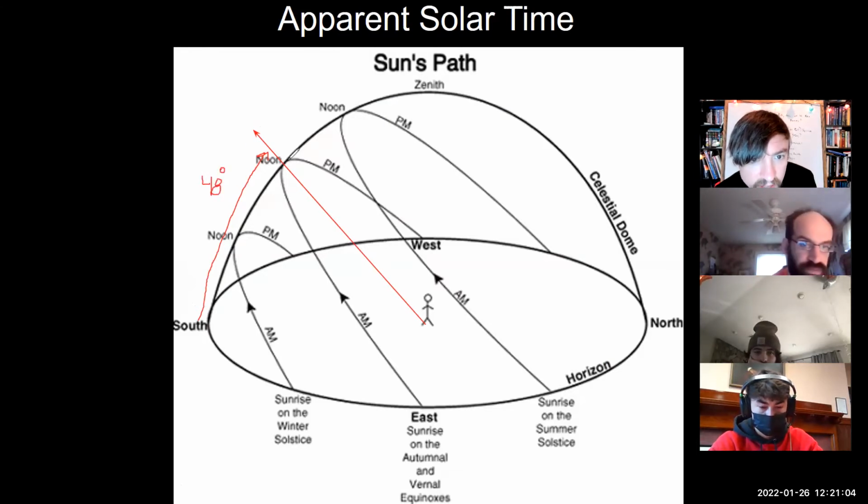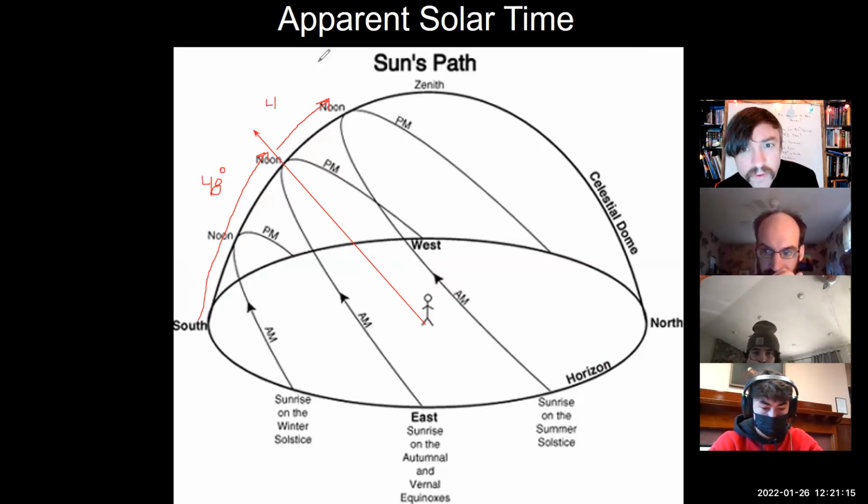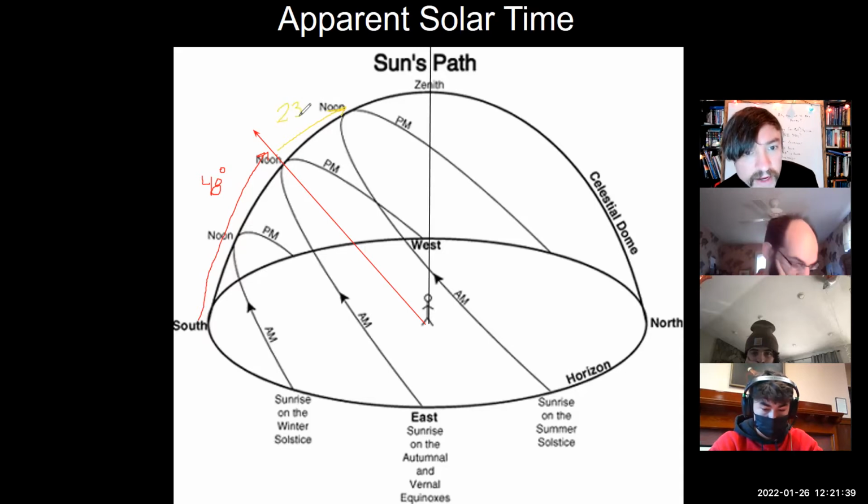And I know this angle is what? 42 degrees. Wait, no, sorry. The angle between the celestial equator and the zenith is 42 degrees, right? Oh, yes. But that's not the angle between the celestial equator and the sun on the summer solstice. 23.5. That's 23.5. So if I add those two together, what do I get?